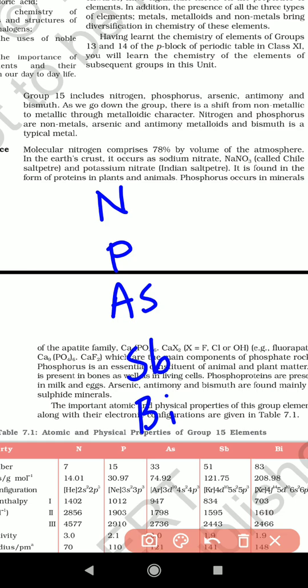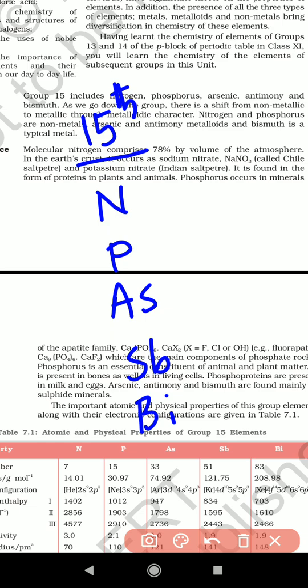These elements belong to the 15th group. So nitrogen, phosphorus, arsenic, antimony, bismuth are called the 15th group elements.